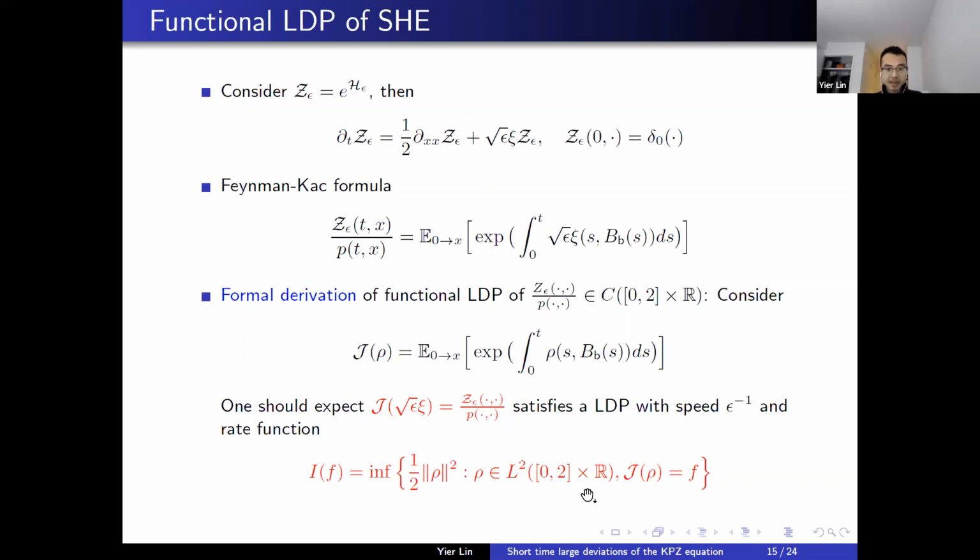And this is indeed the case, though this is not a proof. The problem is that this J of root epsilon times the noise is, first, not a continuous map from the space-time white noise to the trajectory. And given the expression here, it's only a formal expression because the noise is not a real function. It's a distribution. But we can actually prove that the stochastic heat equation does satisfy such a large deviation.